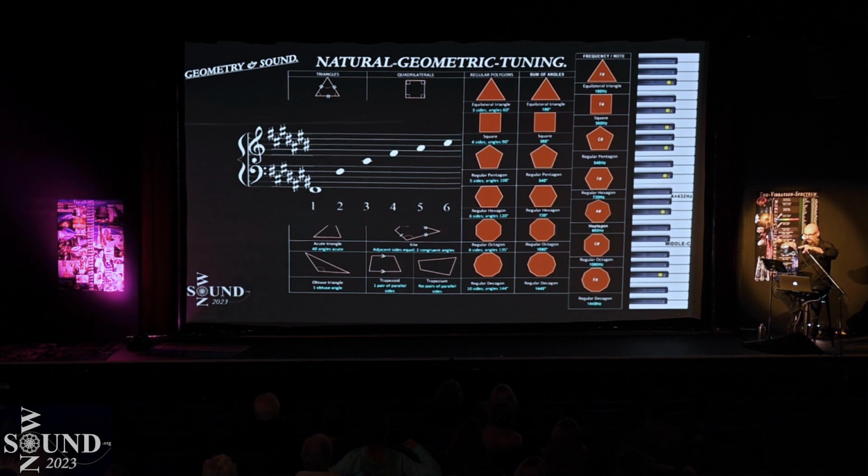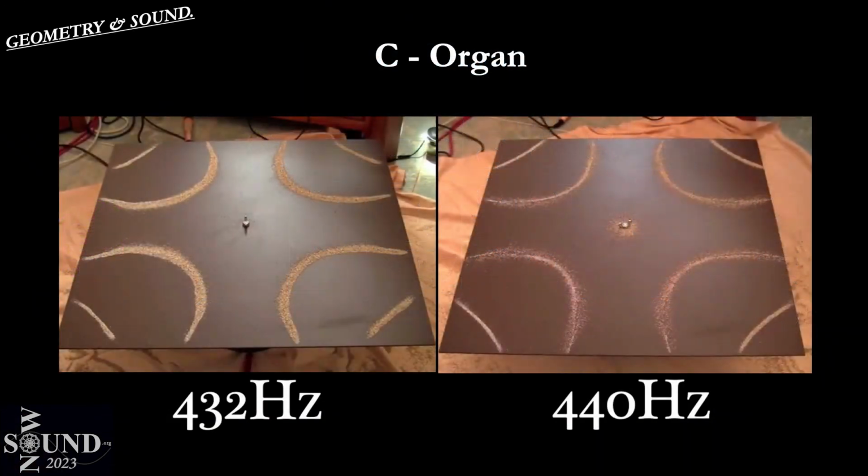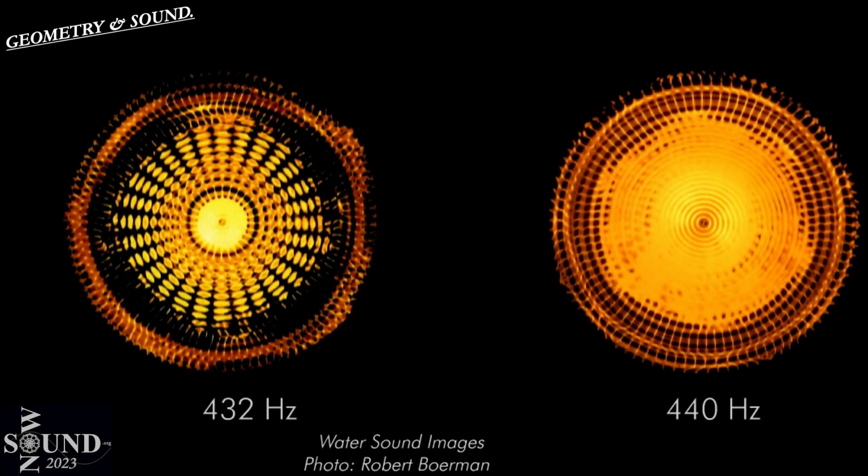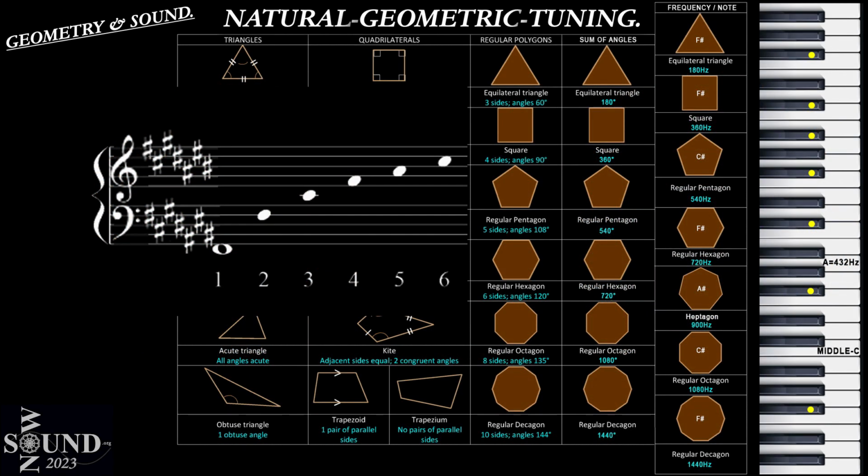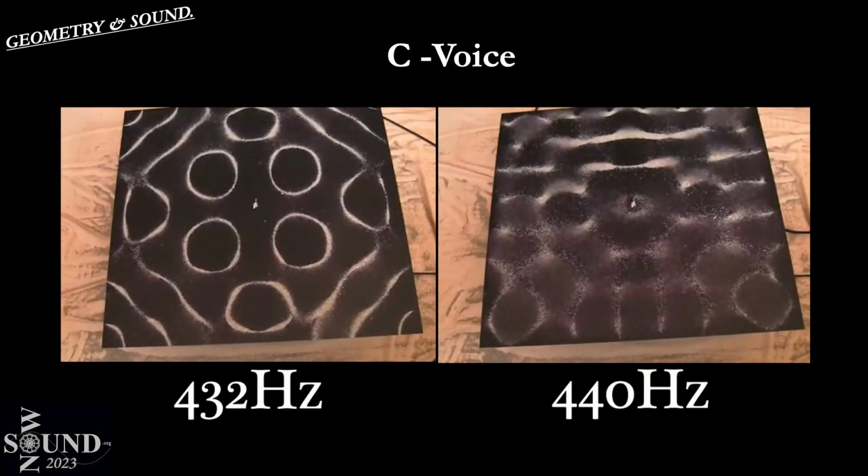That's why when you resonate the sand on the plate or the water, it goes naturally in these geometric shapes. And where's 432 hertz? It is right in this tuning. That's why there is no mathematical justification for 440 to fit in. It means you're going to make this triangle slightly wrong. The square is going to be slightly wrong.